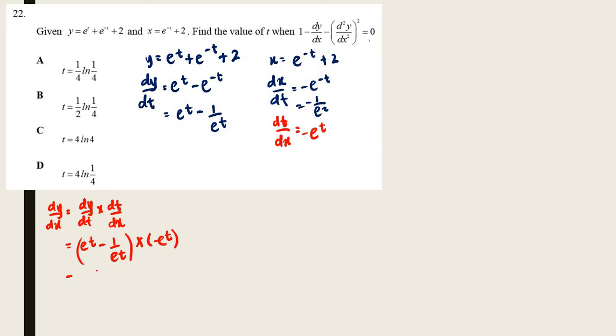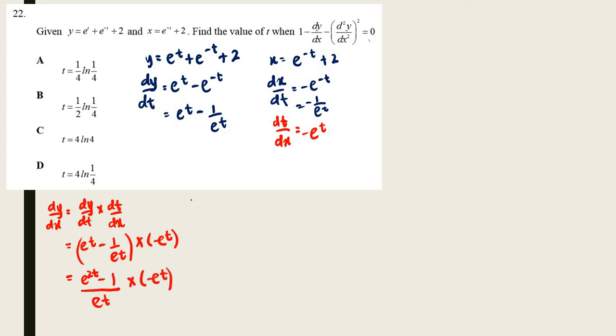Multiplying this, if we simplify it, this one will be e^(2t). Equalize your denominator, minus 1, and then over e^t times negative e^t.